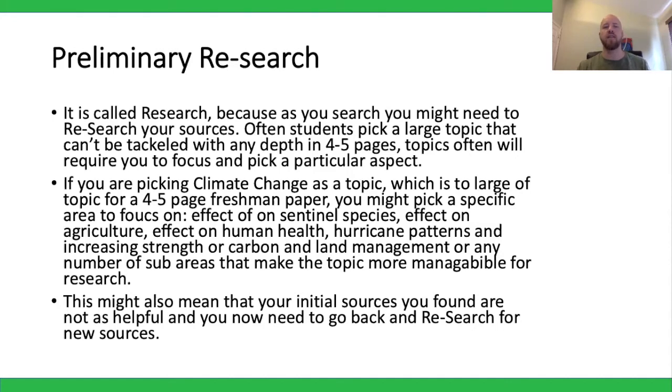Because trying to cram anything into 4 to 5 pages, you're not going to get any amount of depth. You're basically giving me a Wikipedia article on climate change, because we're trying to develop some depth in doing actual research, not giving me the pamphlet version.